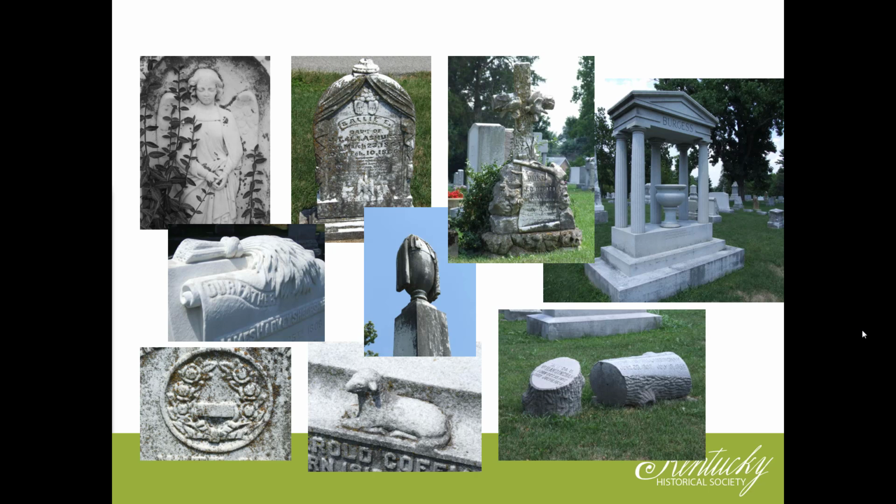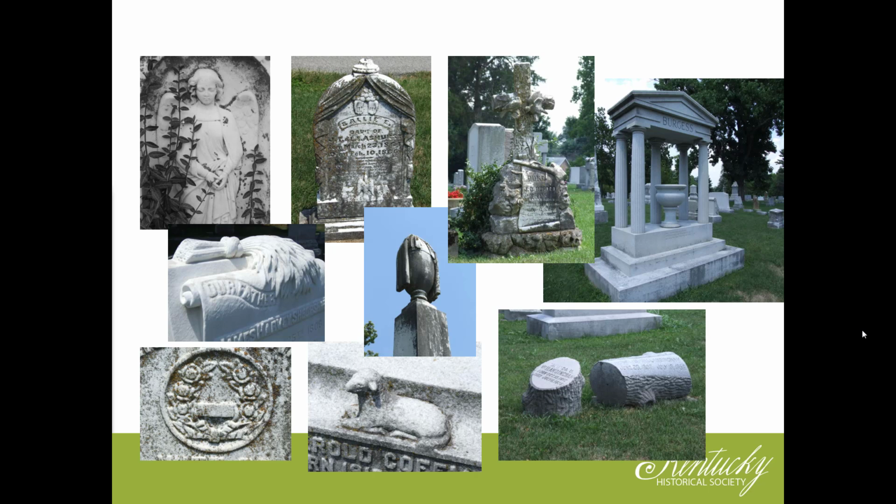So, rounding the corner into the 19th and 20th centuries, you start to see a lot of different shapes. It's no longer the same cookie cutter type shape of tombstone. You get really elaborate designs, and the iconography significantly changes.